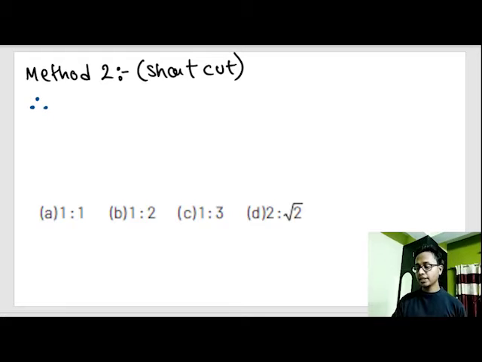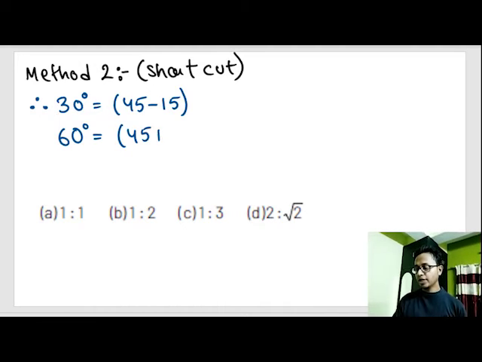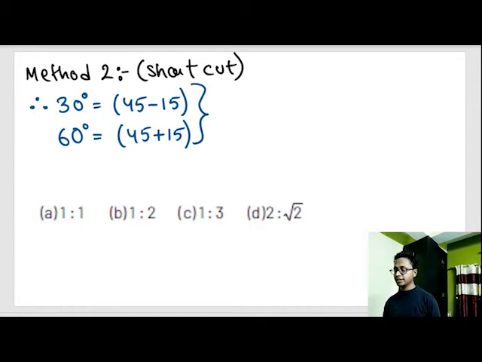That means 30 degree can be written as 45 minus 15 and 60 degree can be written as 45 plus 15. That means these two angles, 30 and 60 degrees, are complementary with respect to 45 degrees.